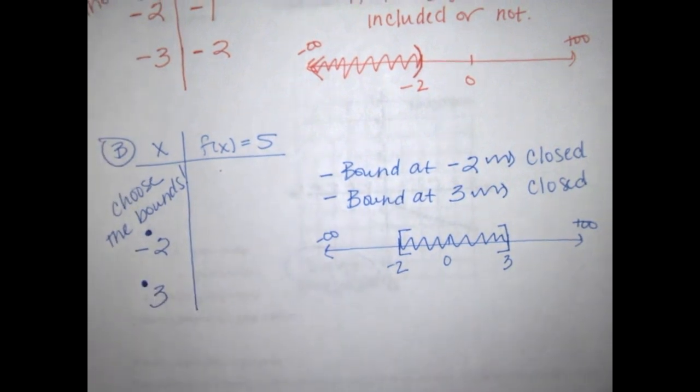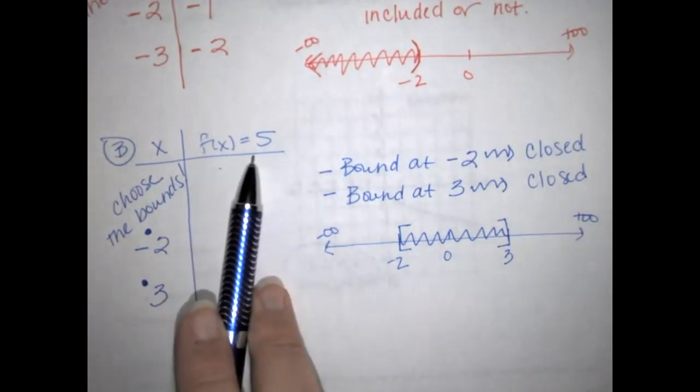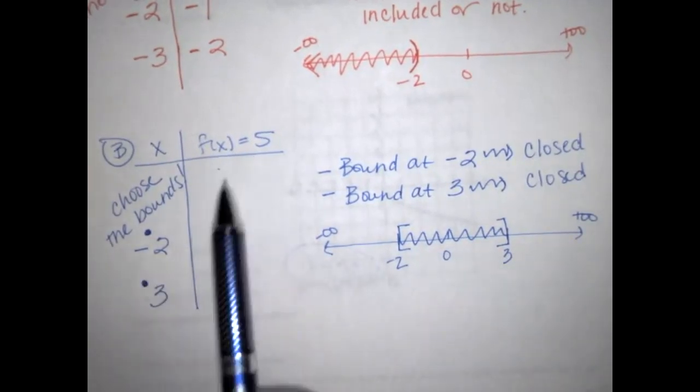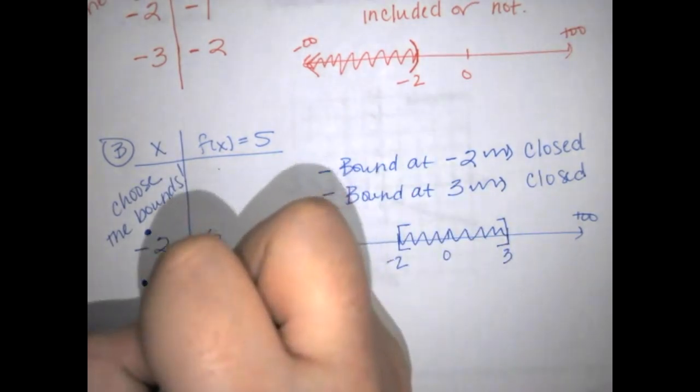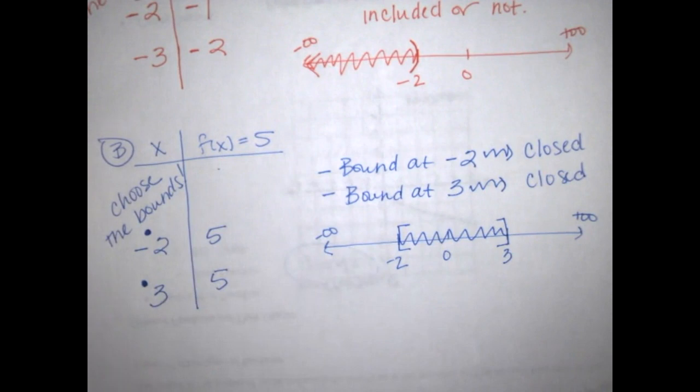Okay. So now you would plug it in, but remember this is going to be that special case, because when we plug -2 in, you still spit out a 5, and if you plug a 3 in, you still spit out a 5. So this is that horizontal line, but this is essentially what you have to do.